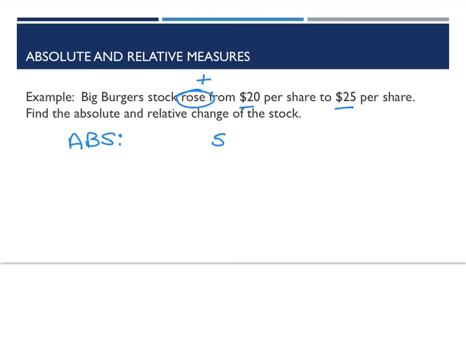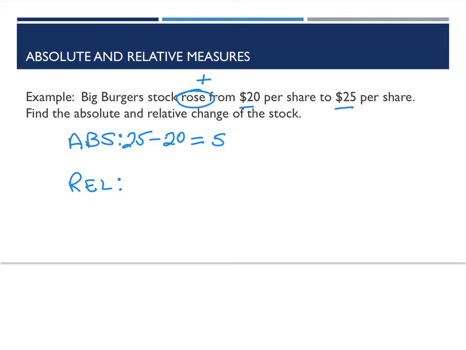So what I should do is, if I know my absolute answer should be positive 5, and I find my absolute measure by subtracting, how do I figure out a subtraction with 20 and 25 that'll give me a positive 5 answer? I need the bigger number to come first and the smaller number to come second. And if I do that, 25 minus 20 does give me the correct sign for my absolute answer.